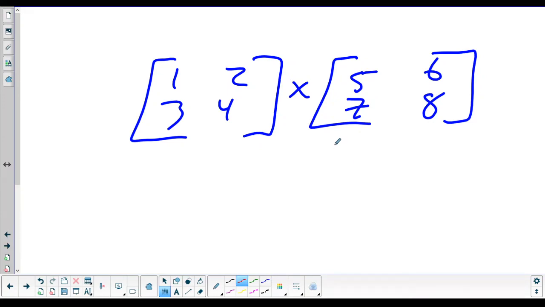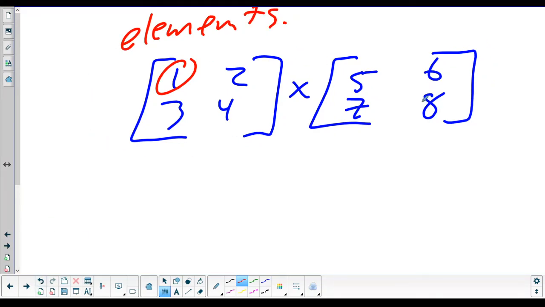What most students try to do when they see this is they try to just multiply corresponding elements. And when I say element, I mean just one piece of the matrix. These individual numbers are called elements, right?